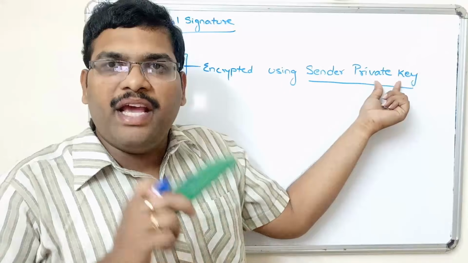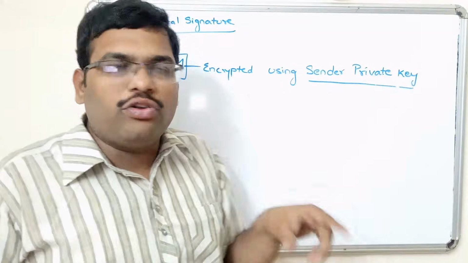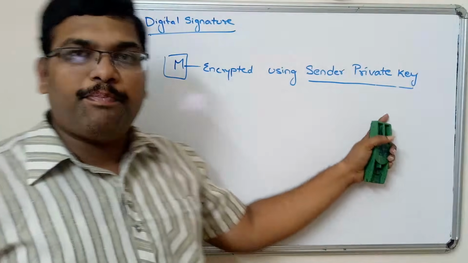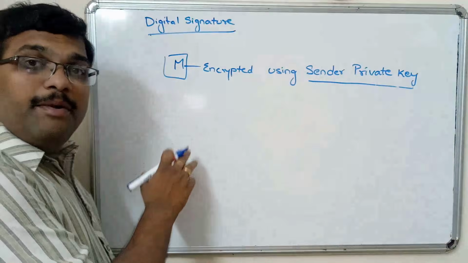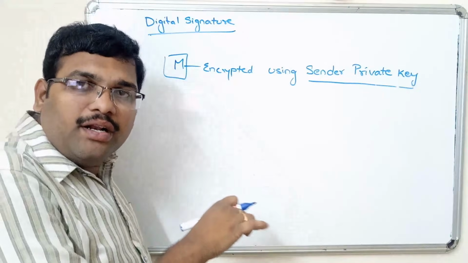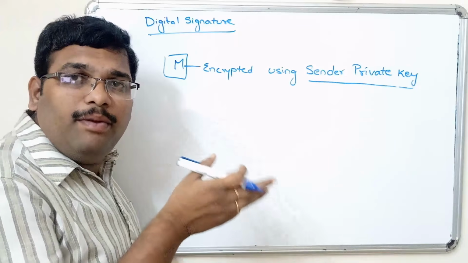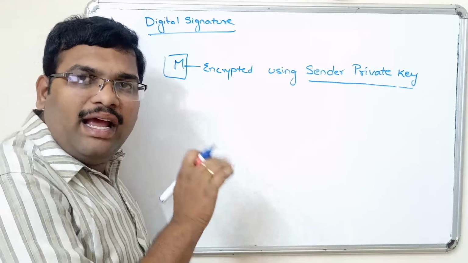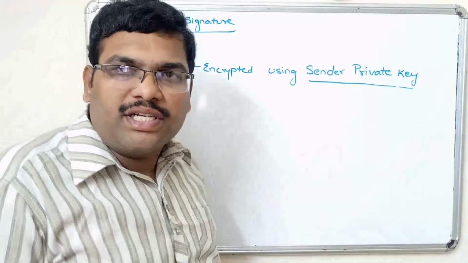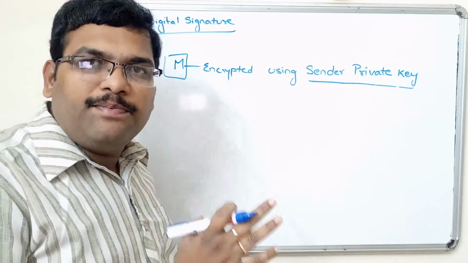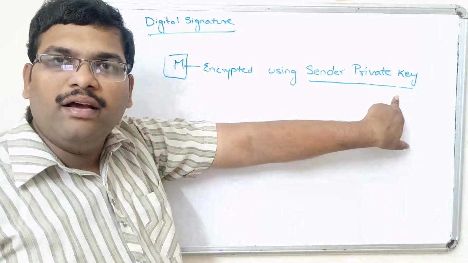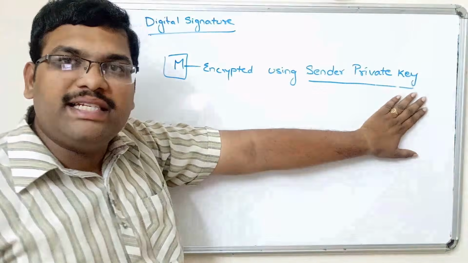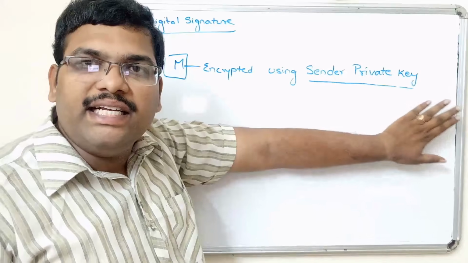That's why we call this process a digital signature. Once again, the encryption is done at the sender side and the decryption is done at the receiver side. If the encryption is done using the sender's private key, then automatically we can say this process is a digital signature.